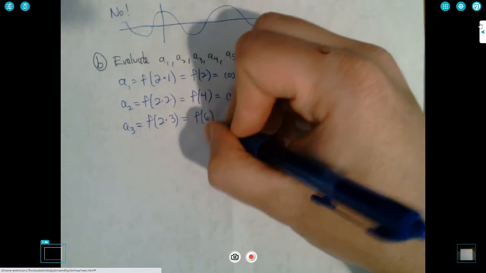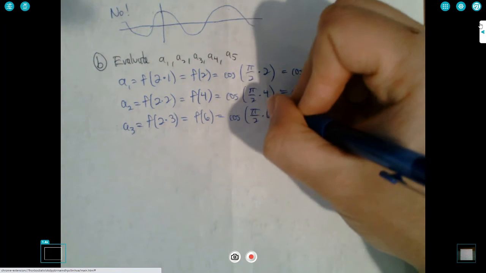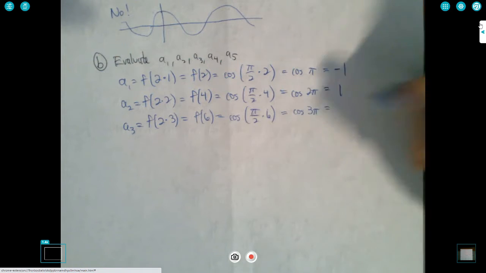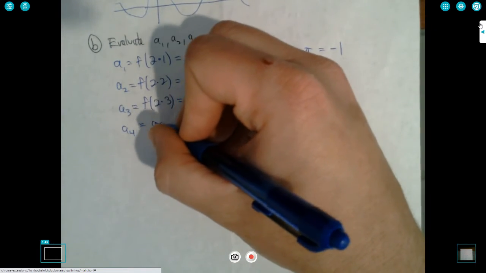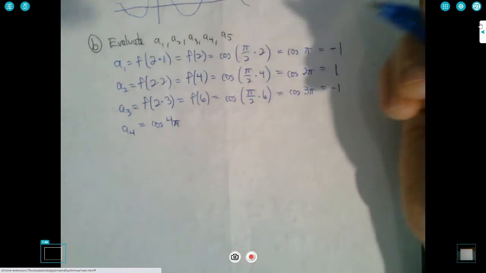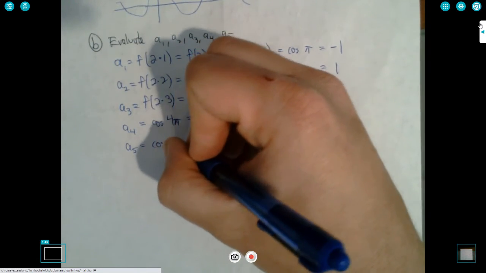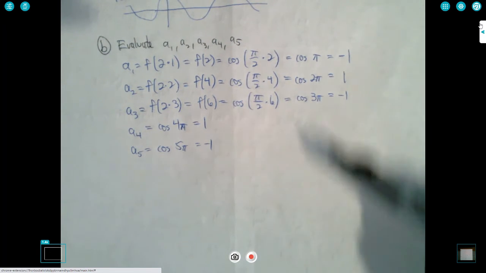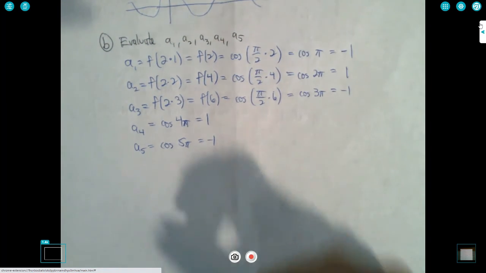That's f of 6, which is cosine of 3 pi. Okay, so I think I see where this is going. Cosine 3 pi is going to be -1 again. So I suspect that a4 is going to be cosine of 4 pi, which is going to be +1, and a5 is going to be cosine of 5 pi, which is going to be -1. Okay, so really this is just an alternating sequence, -1, +1, -1, +1, -1, +1, etc.